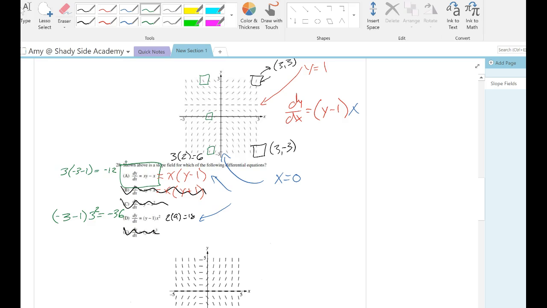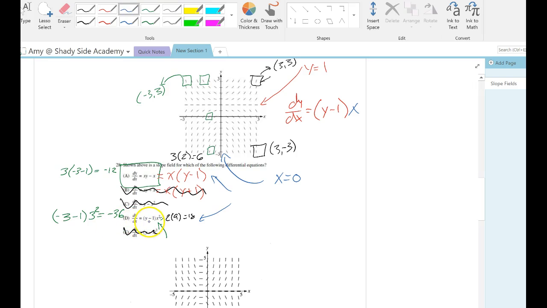But notice that the main difference here is there's an x squared factor. So really where we're going to see a difference is over here in these quadrants. If I picked (-3, 3) and plugged it into both of them, let's use blue.